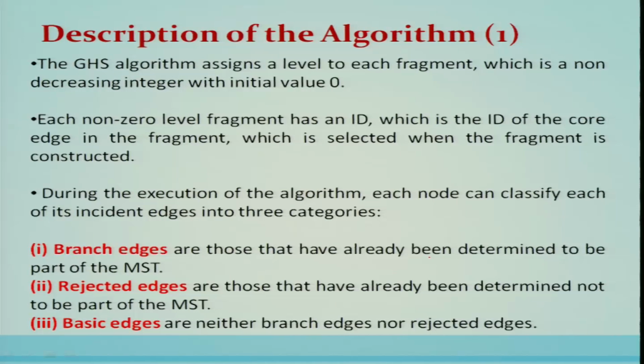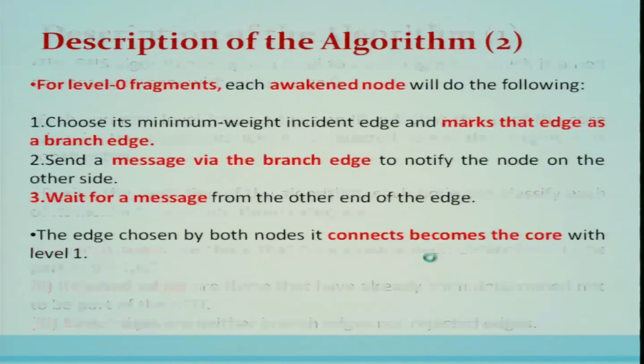That is, branch edges are the first category, those that have already been determined to be a part of MST. The second type of edge is rejected edges, those edges that have been already determined not to be a part of MST. Third is basic edges, which are neither branch edges nor rejected edges.